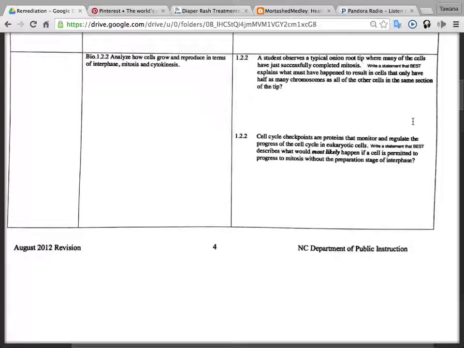I want you to pick one. Choice 1. The plant cell completed mitosis after undergoing cytokinesis. Does that make sense? Okay. Choice 2. The plant cell completed mitosis before undergoing cytokinesis. Okay. The plant cell completed mitosis before undergoing interphase.